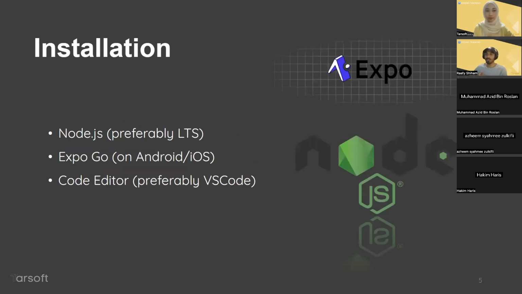We'll go on to installation. It's very easy. Since we are using Expo CLI, we just need two things actually: Node.js, and Expo Go, which is the application itself on the phone. Feel free to code along with me if you want. Is there anyone who would like to follow along?